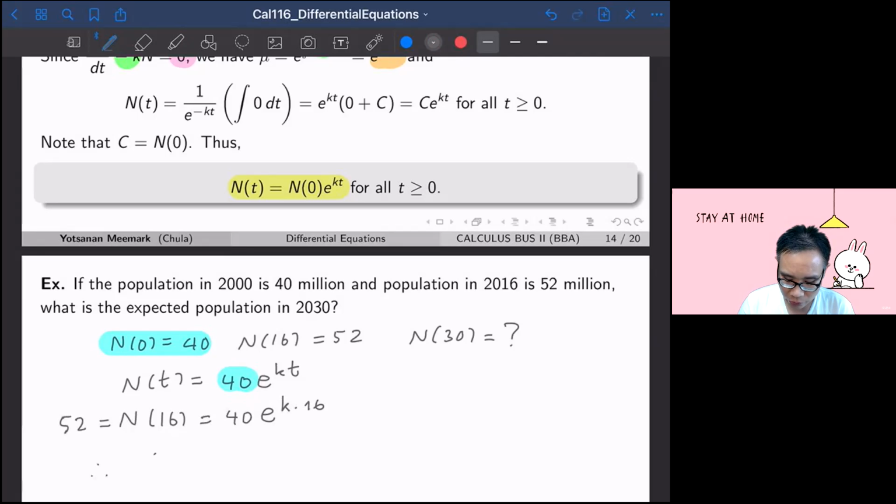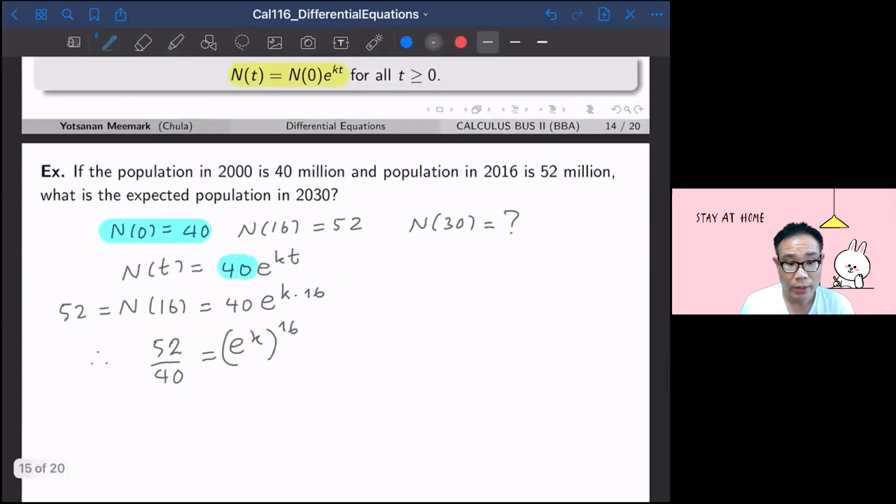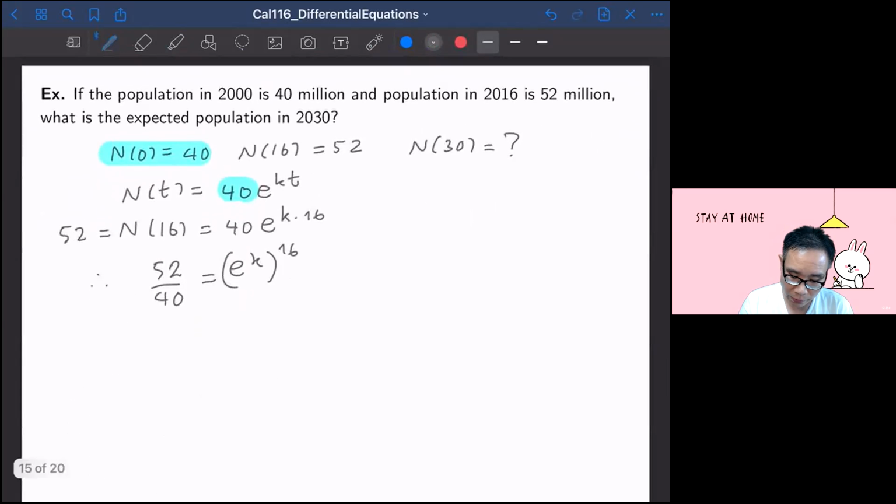This allows you to have 52 over 40 equal to e to the k to the 16. And this is 13 over 10, so 1.3 equal to e to the k to the 16.